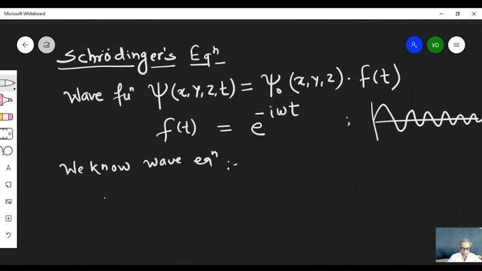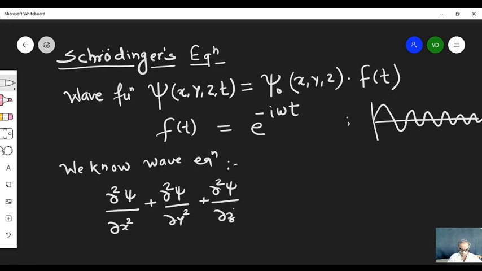The standard wave equation is del 2 psi by del x square plus del 2 psi by del y square plus del 2 psi by del z square is equal to 1 by v square del 2 psi by del t square. Let us write this as equation 1.